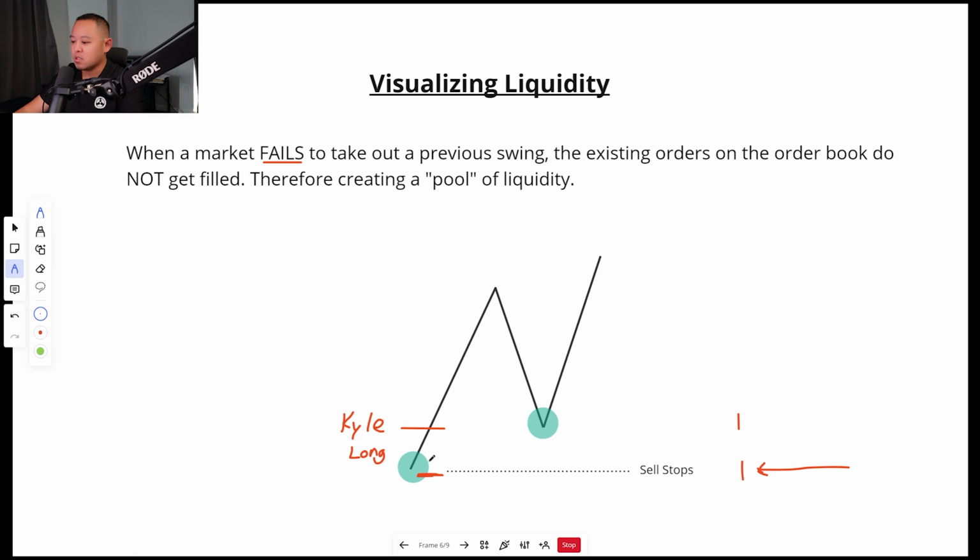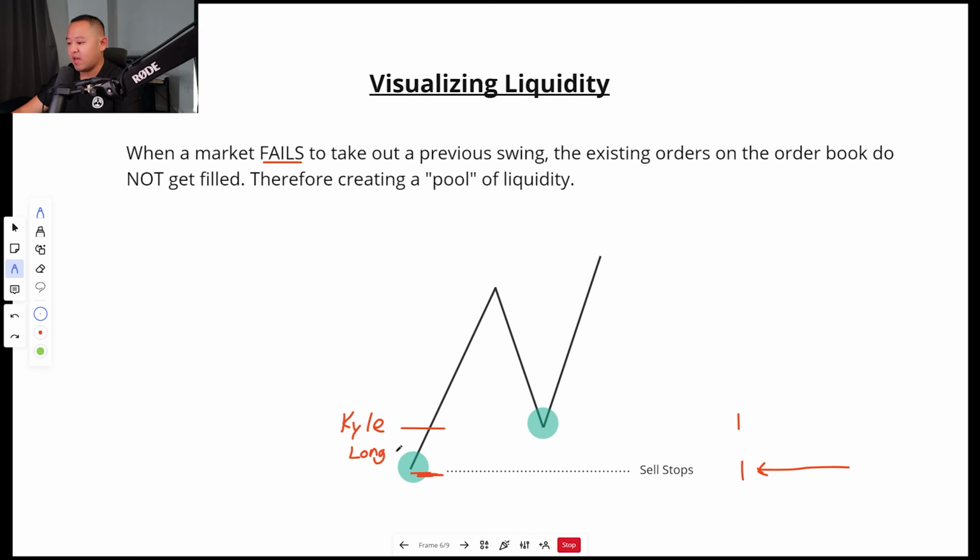There's going to be a buildup, or a pool of liquidity, being created below this old low. So my one contract might turn into 2, or 3, or 10, based on however many contracts Mike or Jerry are adding into the marketplace. So this is creating the pool of liquidity.